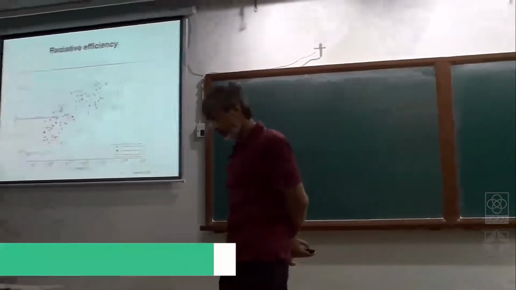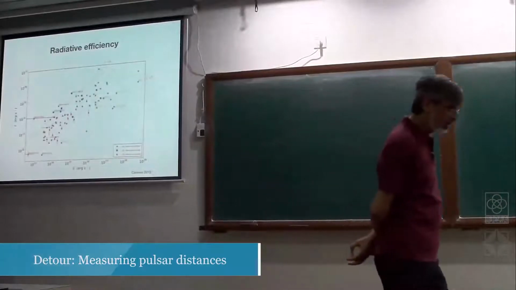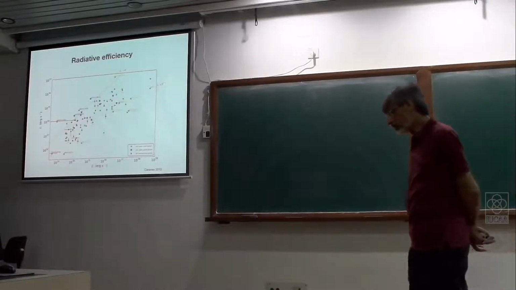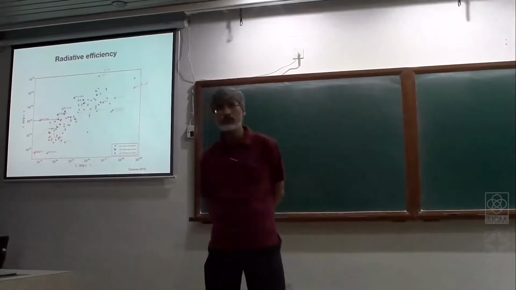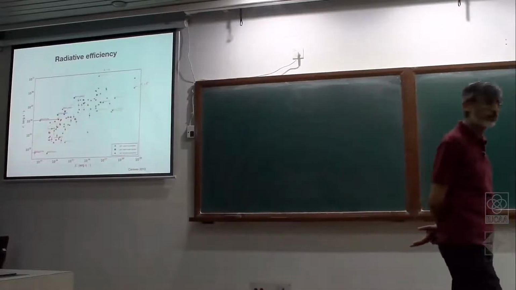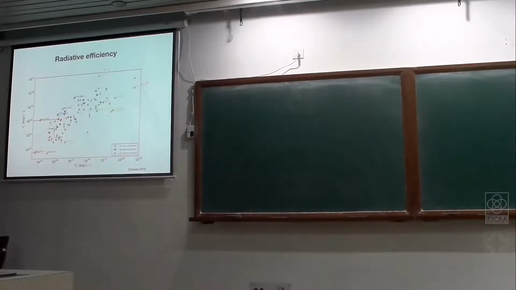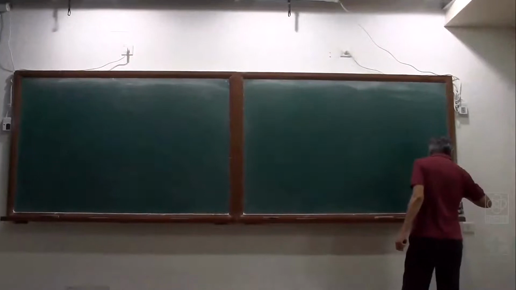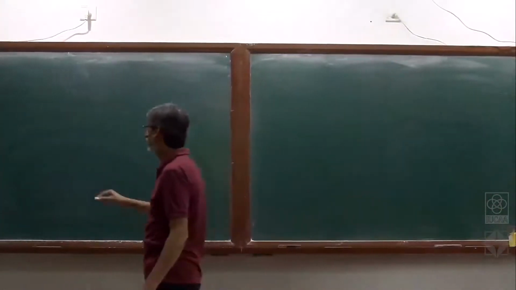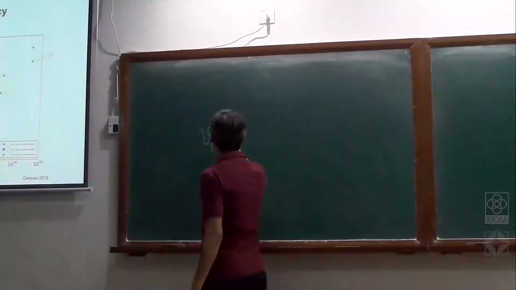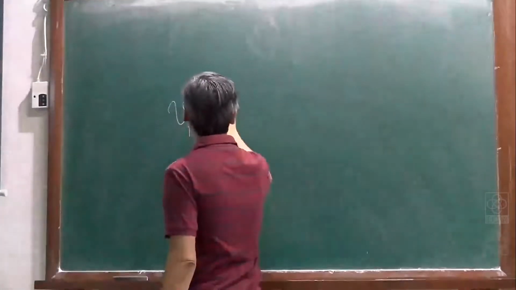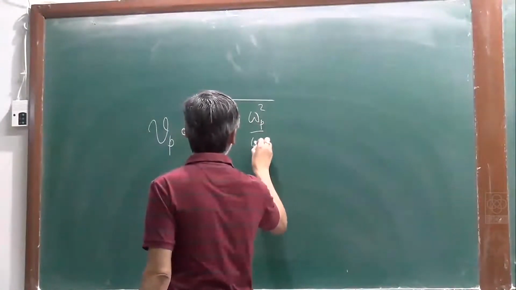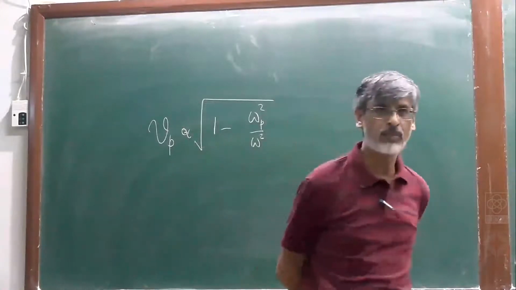What happens is the pulsar signal travels through the plasma in the interstellar medium. The interstellar medium plasma has a dispersion relation, and the phase velocity can be written as proportional to a factor involving omega, where omega p is the plasma frequency.